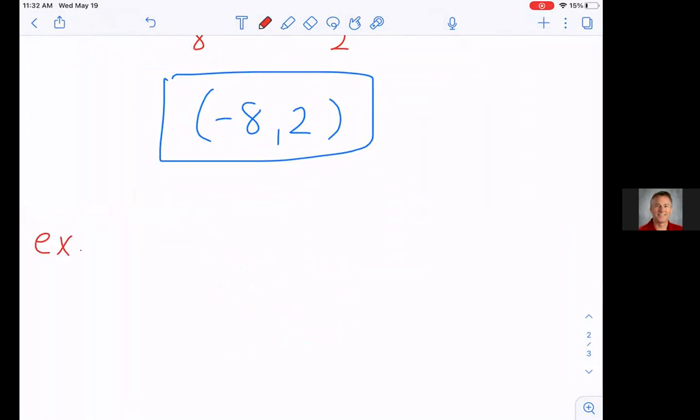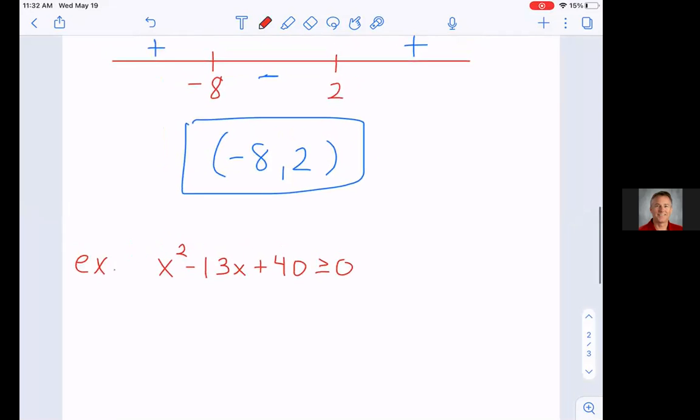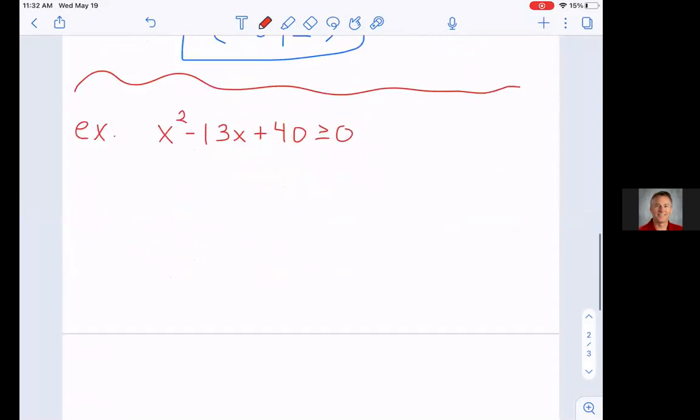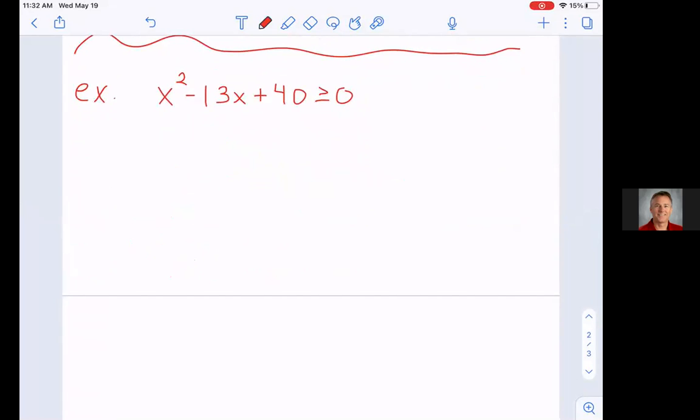Let's say we had x squared minus 13x plus 40 is greater than or equal to 0. All right, again, we're going to try and factor this.